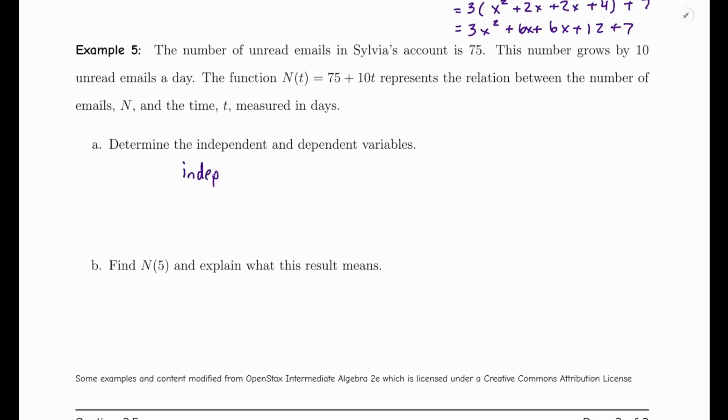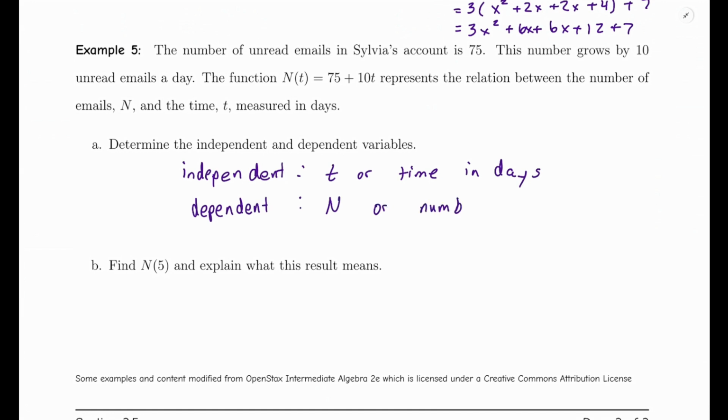The independent, or remember the input, is t, or time in days. The dependent variable is n, or number of emails.